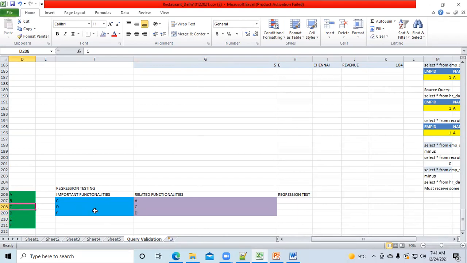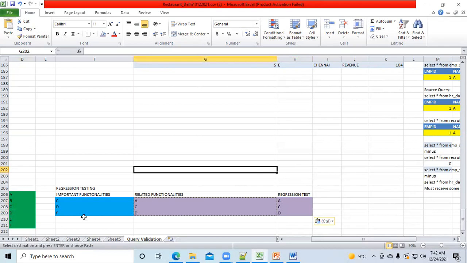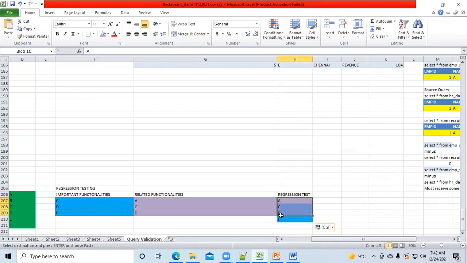But on a safer side, you want to test first of all your related functionality, that is A, C, D, and if there is something missing in this important functionality, say important functionality C was there, we have covered C here, D was there, we have covered D here, but F was missed, so you should take F as well. So all these functionalities you should test again.